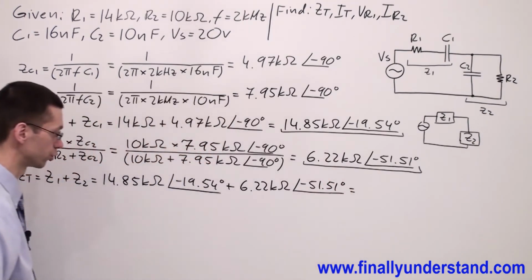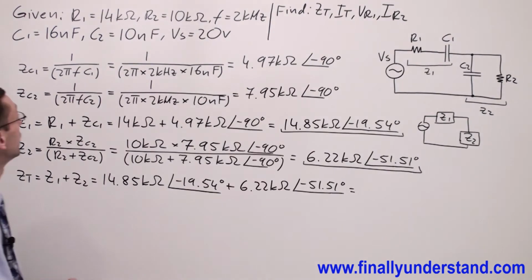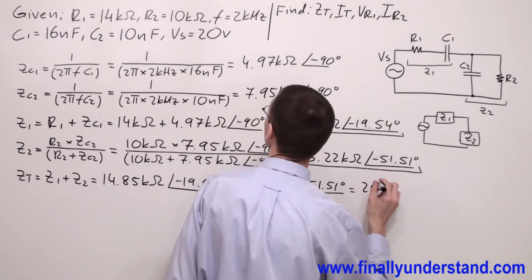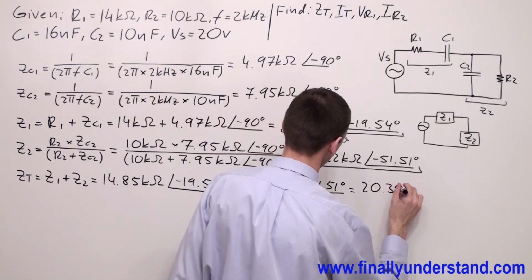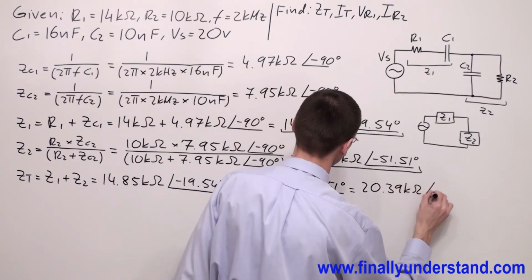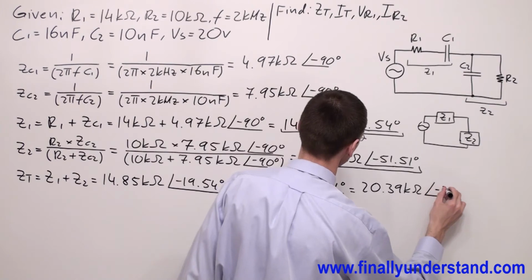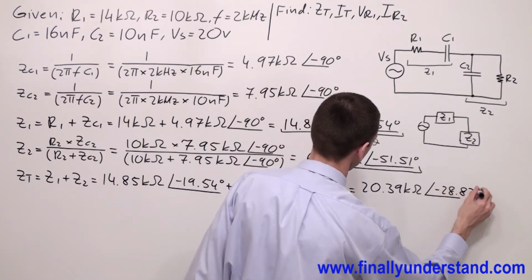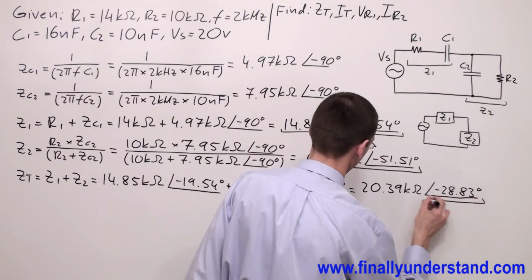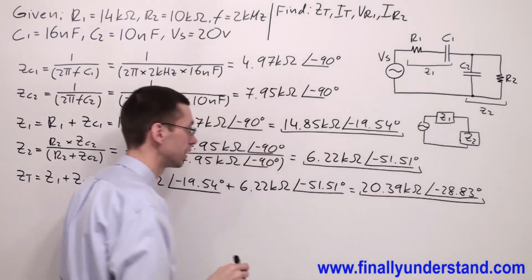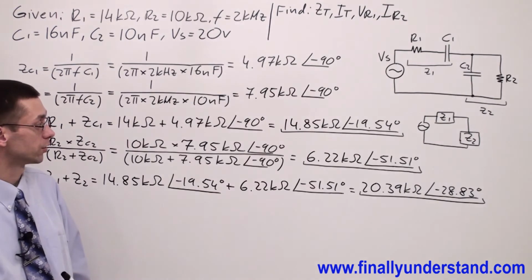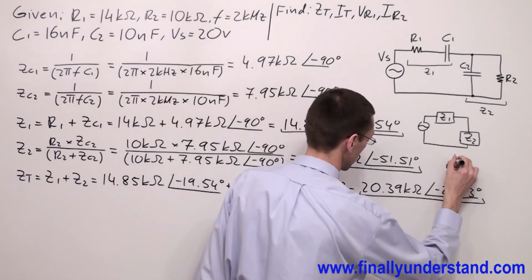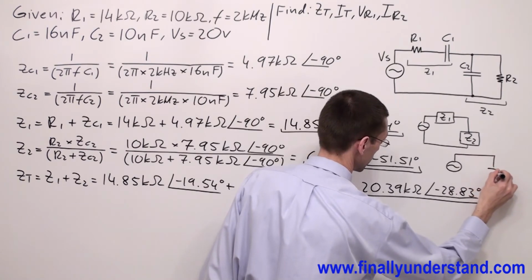Of course, you're supposed to use the calculator, and you're supposed to obtain the value of 20.39 kilo ohms and angle of negative 28.83 degrees. This is the value of the total impedance of my circuit. If you want to redraw the circuit, your circuit right now is going to look like this. This is Z total.